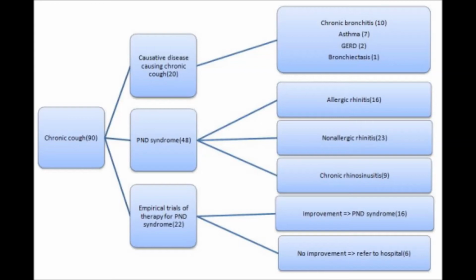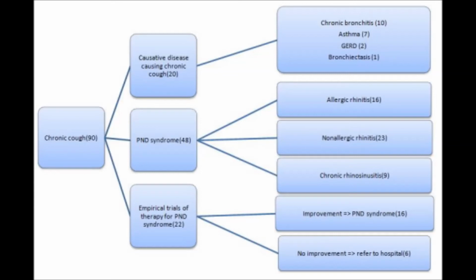Of these 64 patients, 16 were allergic rhinitis patients, 23 were non-allergic rhinitis patients, 9 were chronic rhinosinusitis patients, and 16 were patients whose cause was unclear even after treatment.